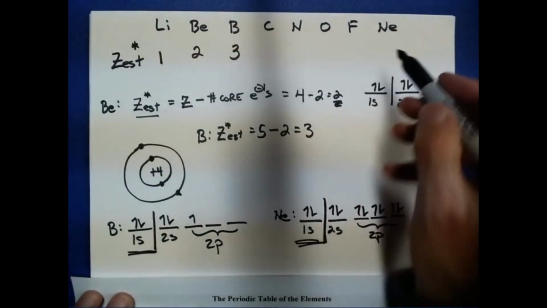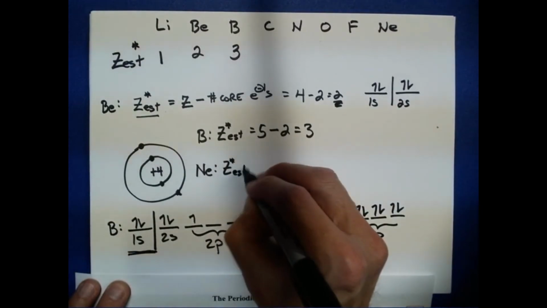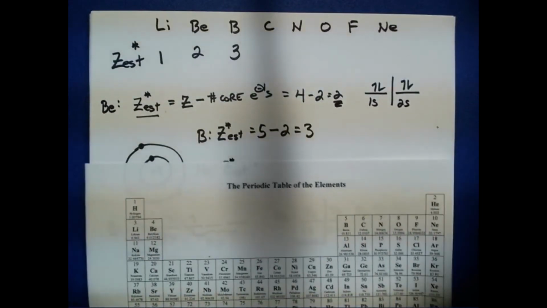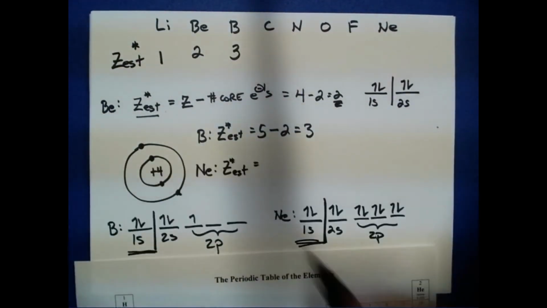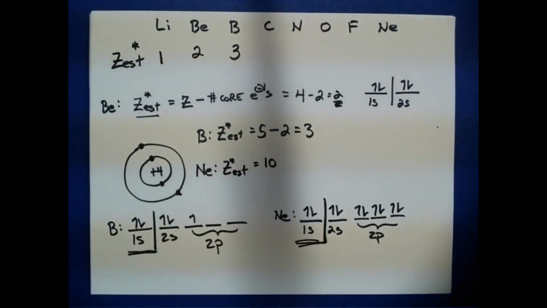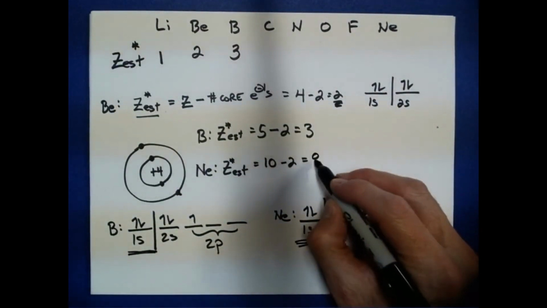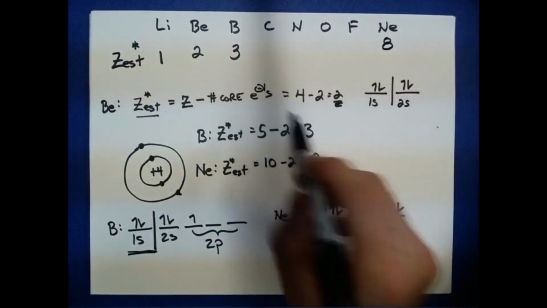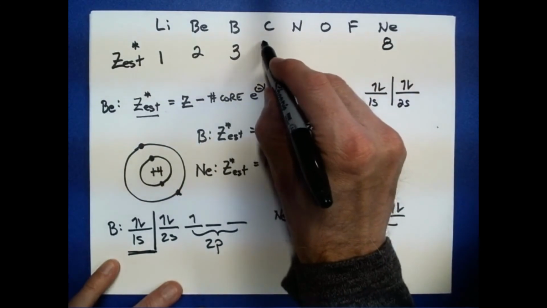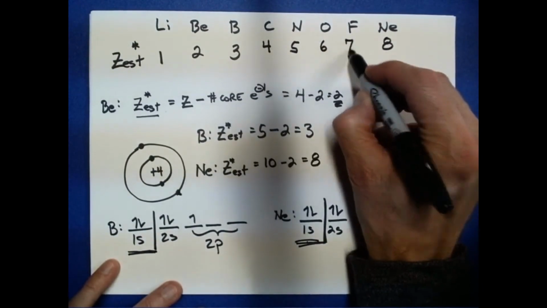And so for neon, if we wanted to find the Z star estimate, we would take the nuclear charge, which is 10, that's our atomic number, and subtract the number of core electrons in neon, which is 2, and we get an effective nuclear charge of 8 for neon. And you should go through and do these calculations so that you understand that the estimated effective nuclear charge for carbon is 4, for nitrogen is 5, for oxygen is 6, and for fluorine is 7.